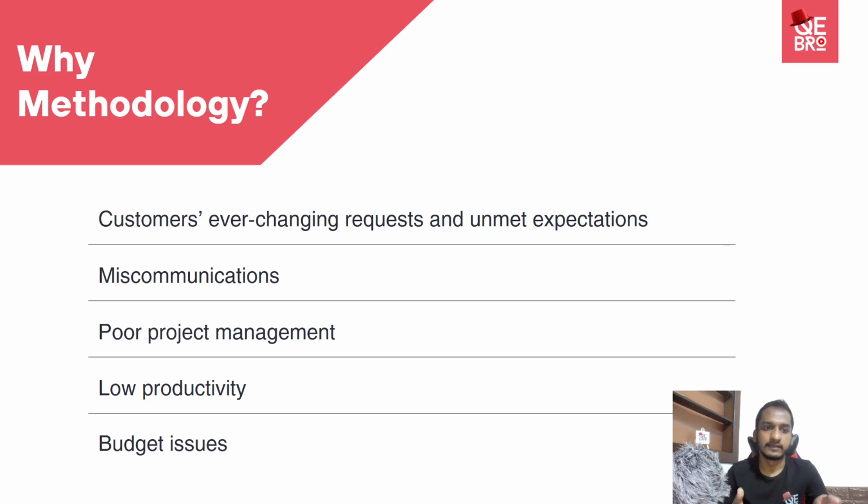Other than that, with the advancement of technology and the ever-growing competition between competitors and also customer needs, products and projects need to be updated every time with new requests or new requirements.